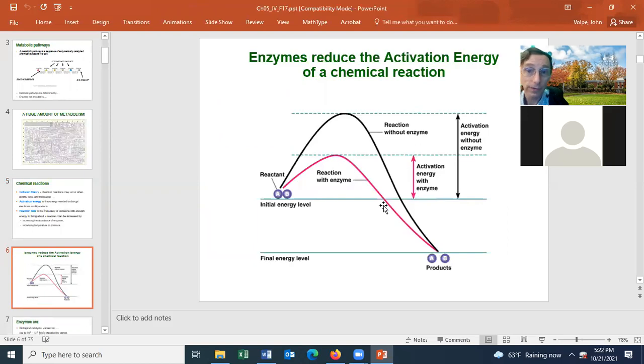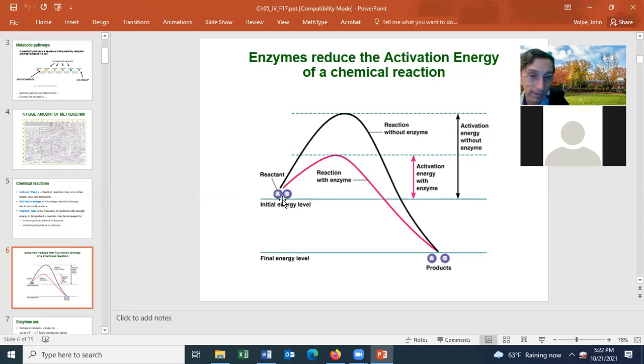So enzymes reduce the activation energy of a chemical reaction. Here we're seeing a chemical reaction, and on the y-axis we have the amount of energy in the system. The x-axis is just time. So initially we have two molecules that we're going to call reactants, and they have a given amount of energy with them.